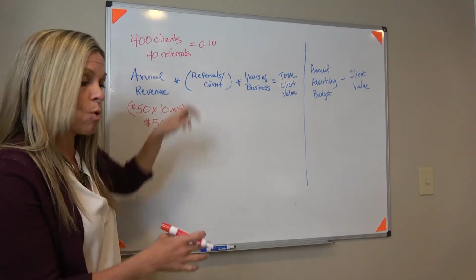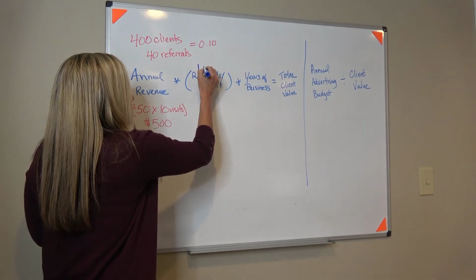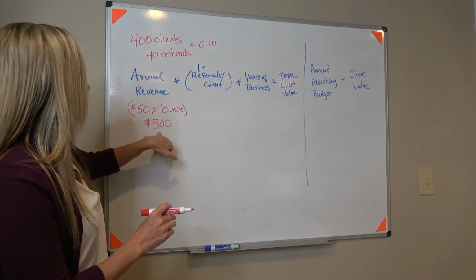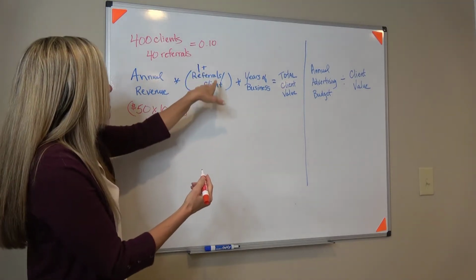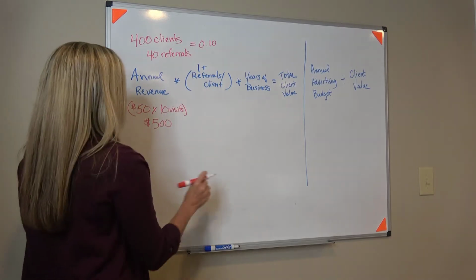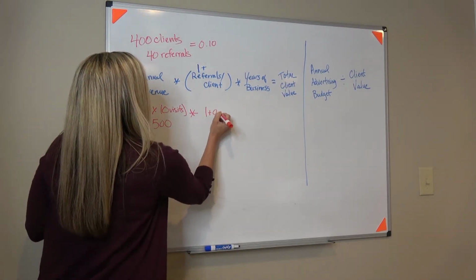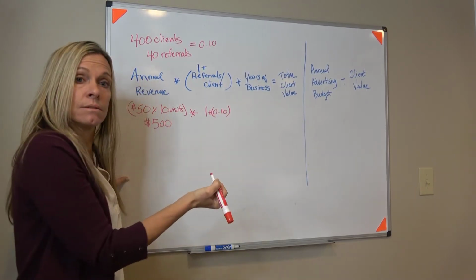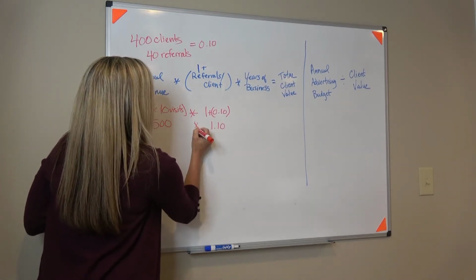So I have to add 1 to this number, and that's something important to keep in mind, because that 1 allows me to keep my original 500 in the formula. So now I'm going to do 1 plus 0.1, which is going to be 1.1, basically what I'm multiplying that by.